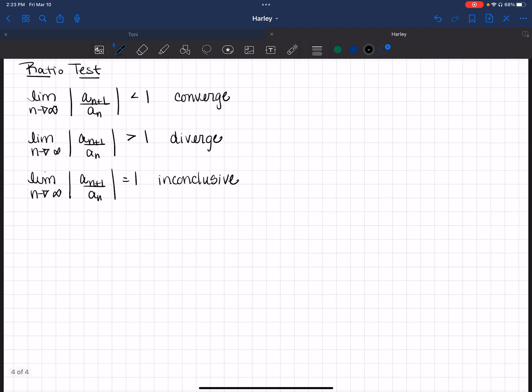The other part of this video is the divergence test. It is helpful, but it is not as helpful as the ratio test, of course. What it says is if we take the limit of the terms of that series and it doesn't equal 0, then the series will diverge.